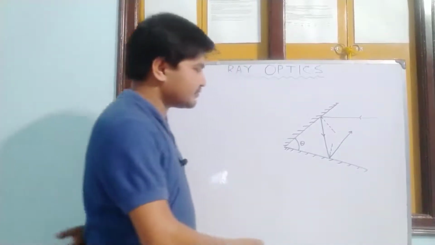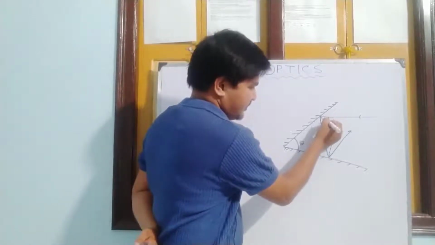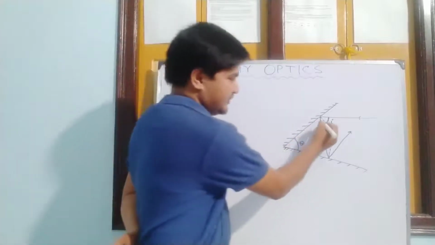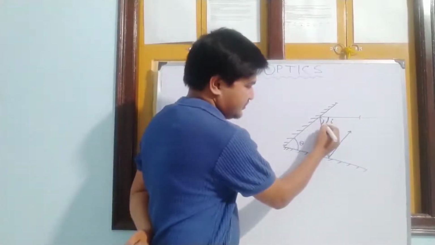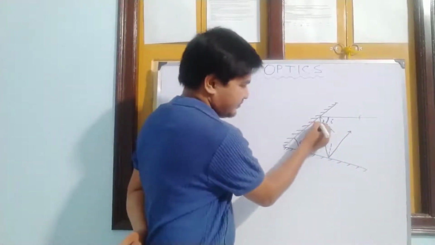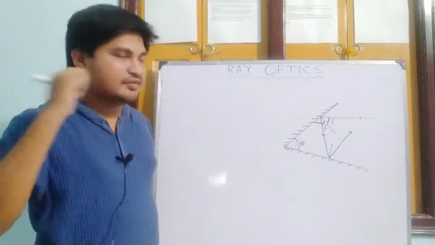So let this be the incident angle I. So this angle will also be equal to I, and what will be the value of this angle?